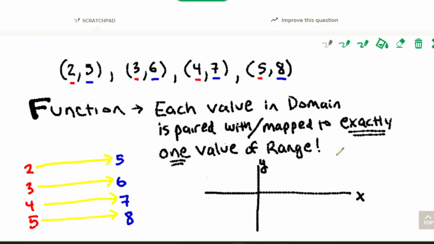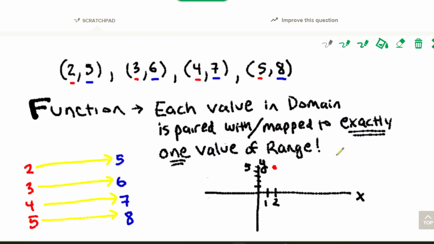So for the ordered pair 2, 5, I go to positive 2 on the x-axis, and then positive 5 on the y-axis, and then plot the location that is in line with both of those, which would be this location right here.